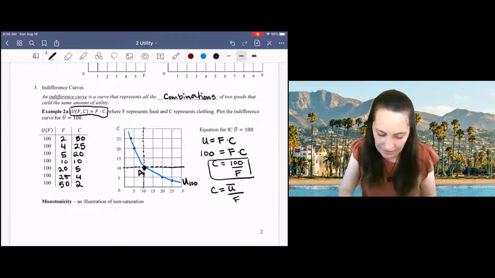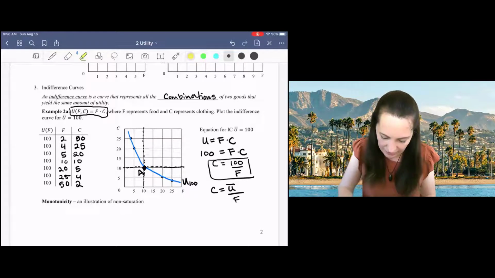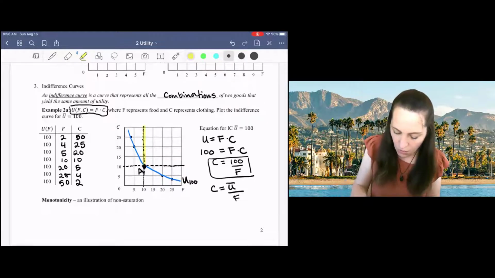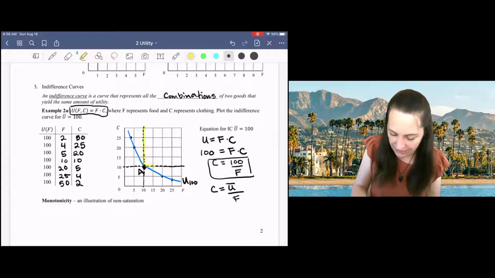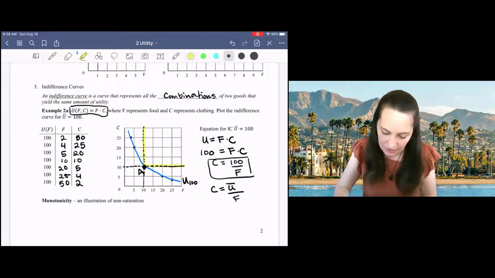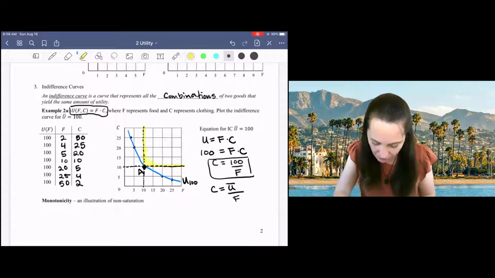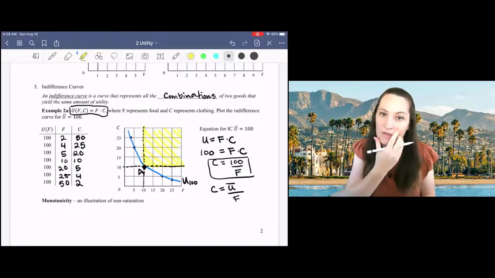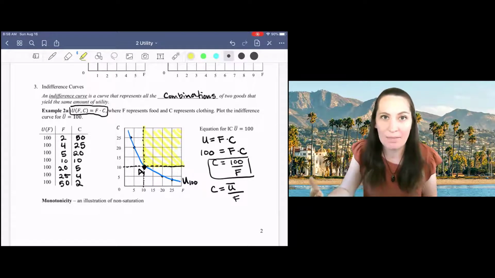If I go up from here, I've got the same amount of food, but more clothing. Or if I go over, I have the same amount of clothing, but more food. This is the region where I have more of everything, right? More of everything is going to make me happier relative to point A, right?